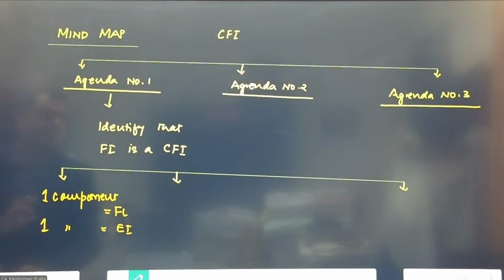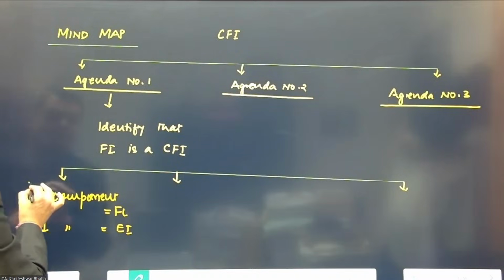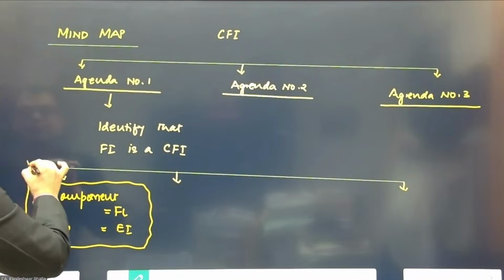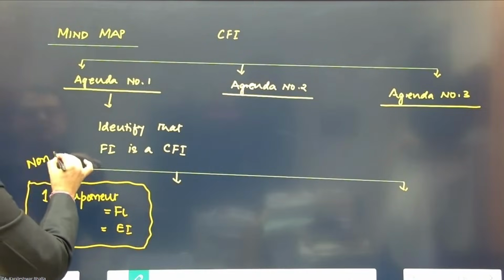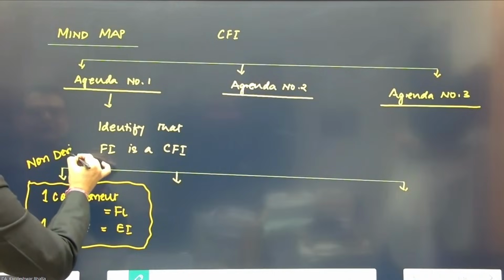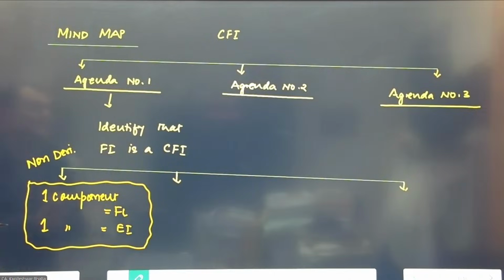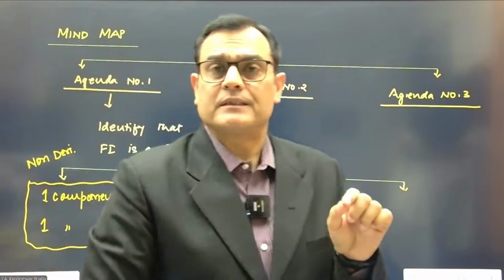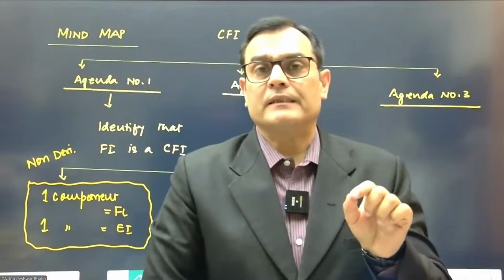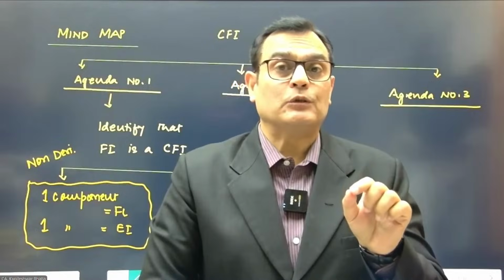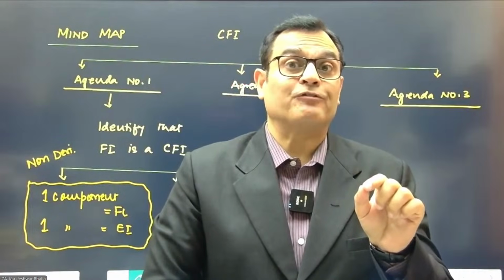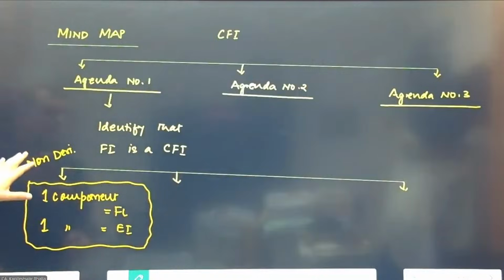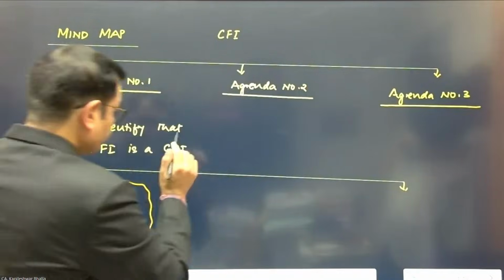That makes it a compound financial instrument. And we also said that this is typically a case where it is a non-derivative instrument. We also did one illustration in the study mat where we identified that one of the components was equity, one of the components was FL, and therefore it became a CFI. You can map the illustrations later on.